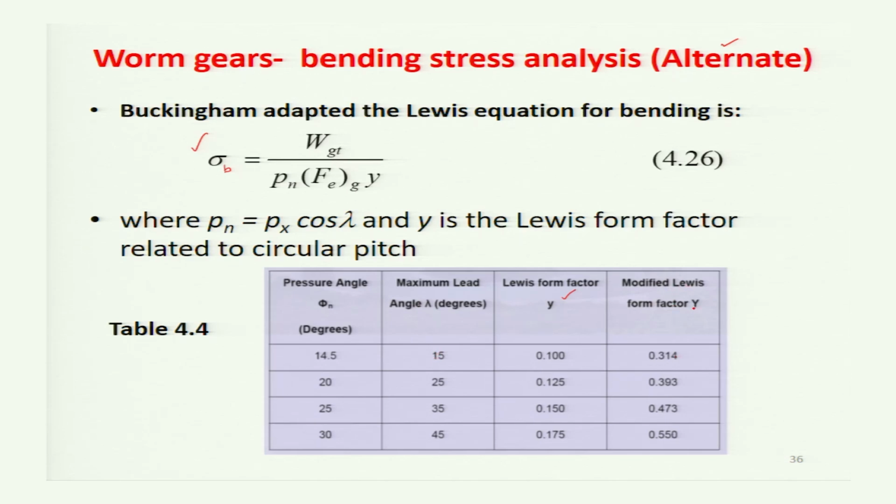The modified Lewis form factor is capital Y. We have to use this one in this formula. So, for 14.5 phi n it is 0.100, for 20 degree and 25 degree lead angle which is this one. So depending on the value of normal pressure angle and lead angle, we can get the value of the Lewis form factor that can be substituted here to get the value of bending stress.